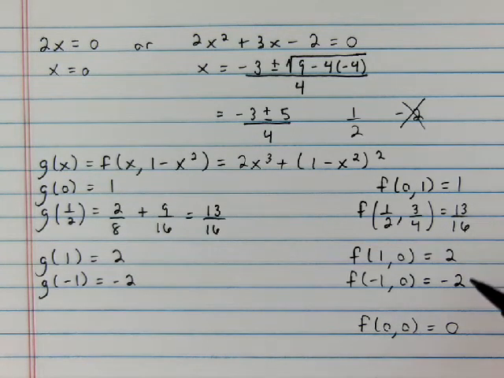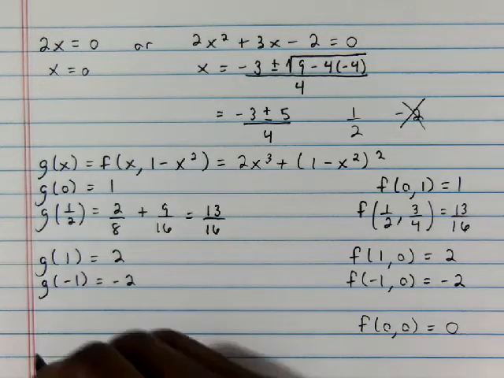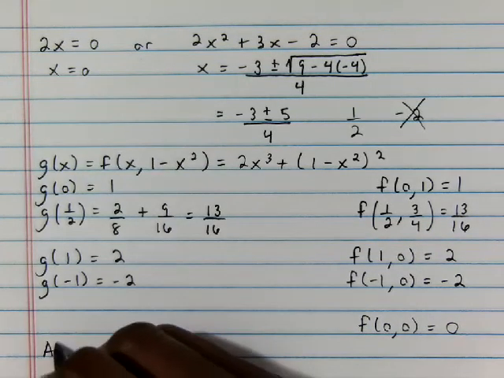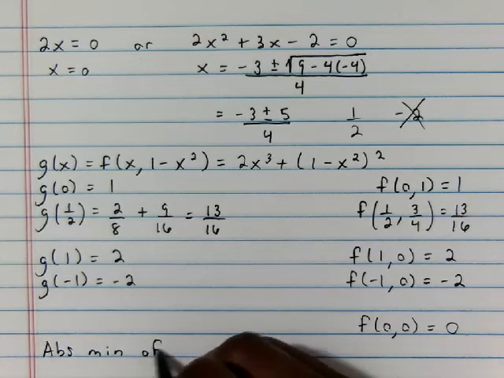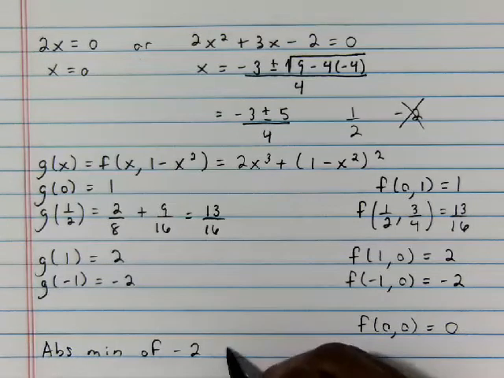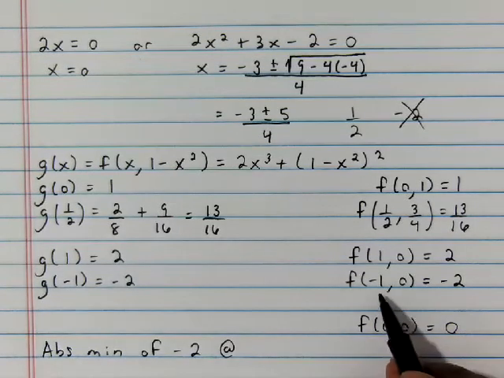So the smallest number that we have here is -2. So we have an absolute min of -2 at the point -1, 0.